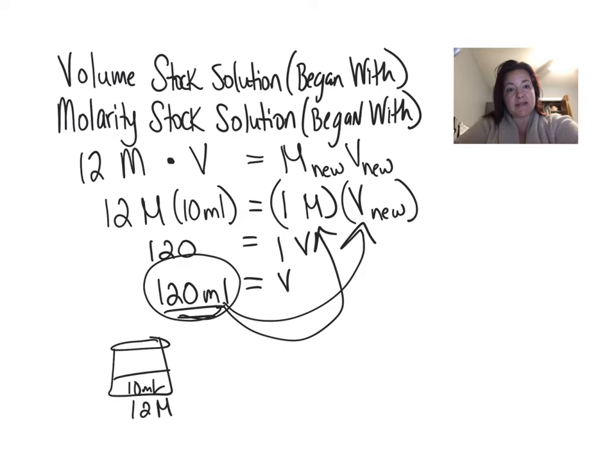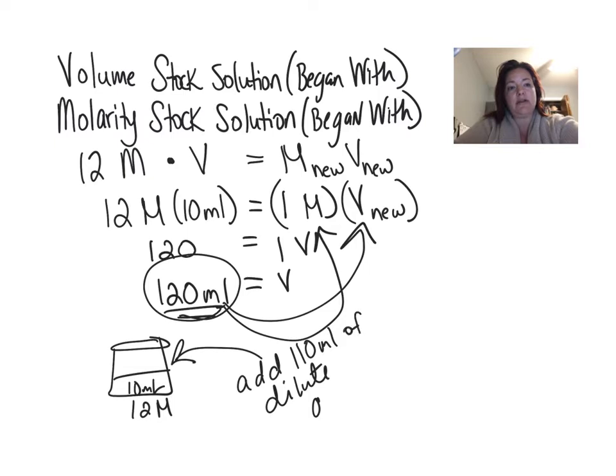So I'm going to dilute it with water, or whatever my solvent is. I'm going to add 110 milliliters of my solvent, adding water until I get up to that volume of 120.